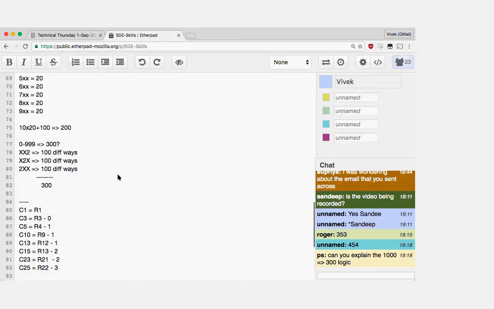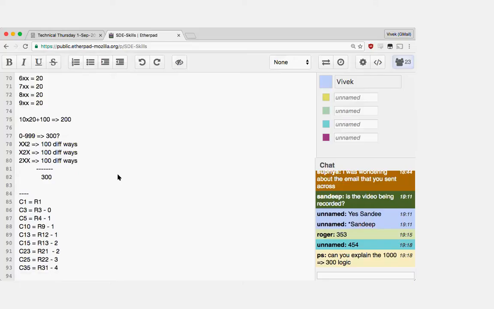Okay. What is C34? 35? Minus 4, so it will be 31. Okay. I'm just following along. This may not be the most effective or efficient way to do it, but I'm just following along. Okay. What is C39? Minus 4, 35. Okay.